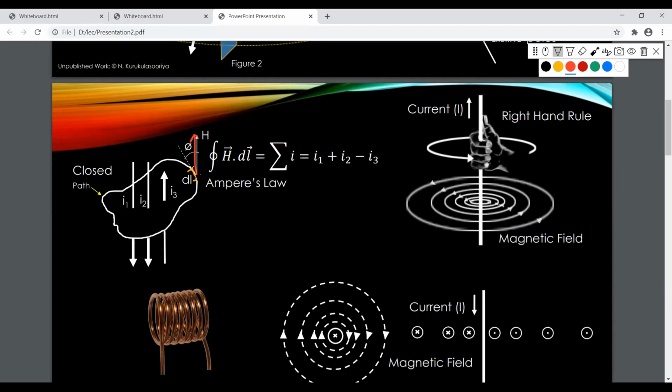You take this smaller dl vector and the magnetic field intensity vector at that point, and take the dot product. When you take the dot product, you multiply the magnitude of the magnetic field intensity and the magnitude of dl and take the cos value of the angle between them.